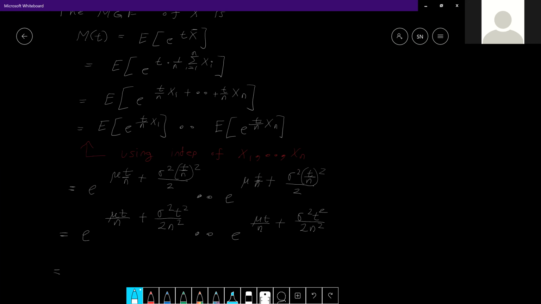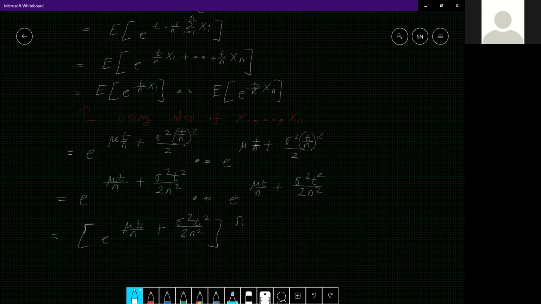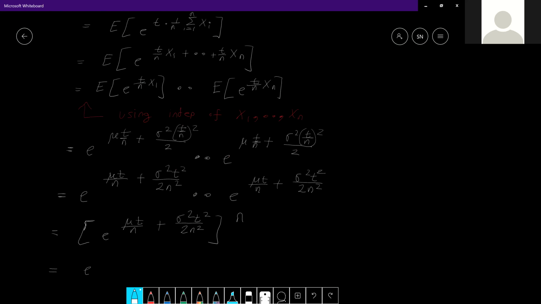Now you have n of these terms. So when you take the product of n of these terms, you're raising this to the power n. So you get e to the power mu t plus sigma squared t squared divided by 2n.